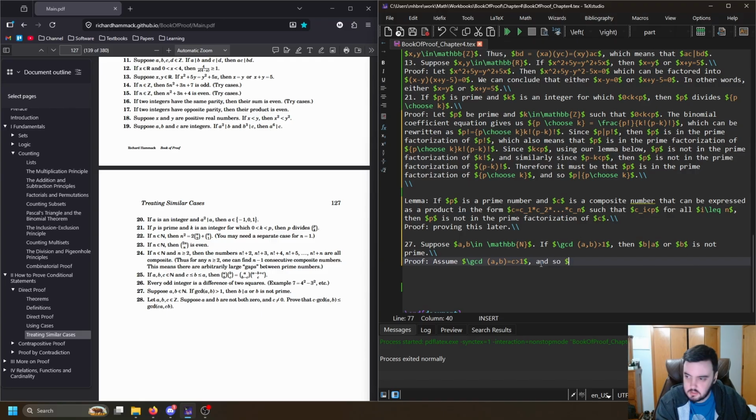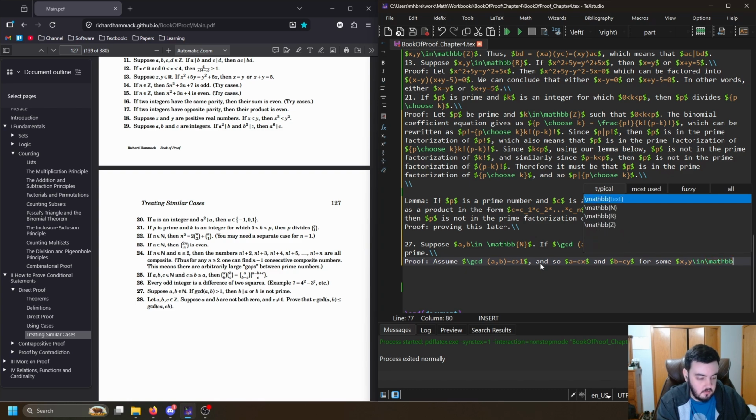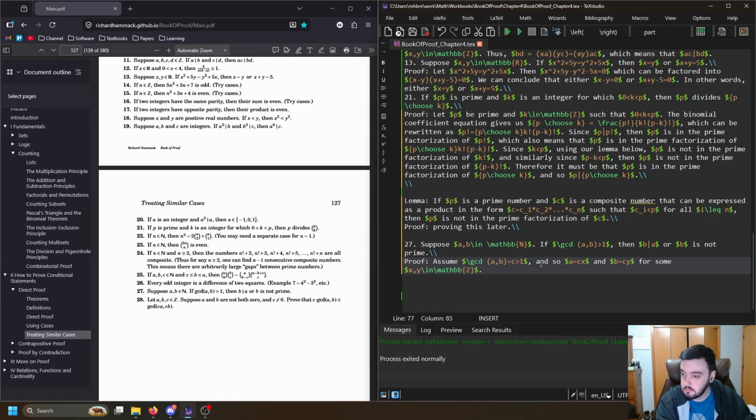And so let's just write this out. A equals cx and b equals cy for some x, y in the integers, or technically natural numbers. Whatever. I guess I'll just stick to the natural numbers.